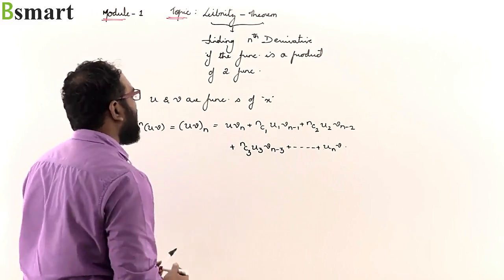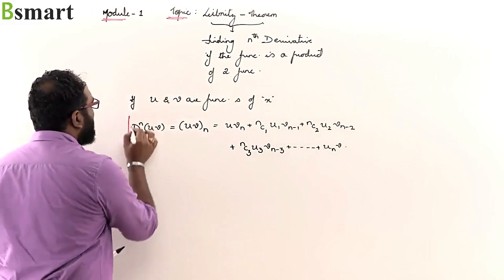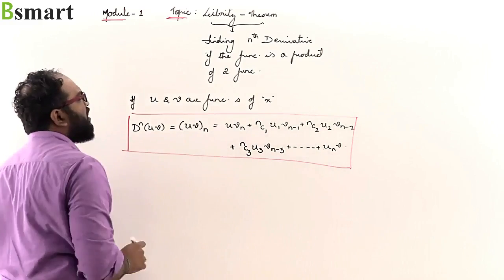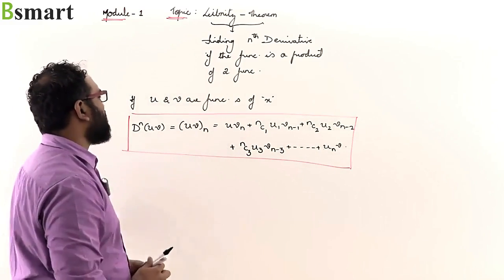This we call the nth derivative of the product of two functions given by the Leibniz theorem.